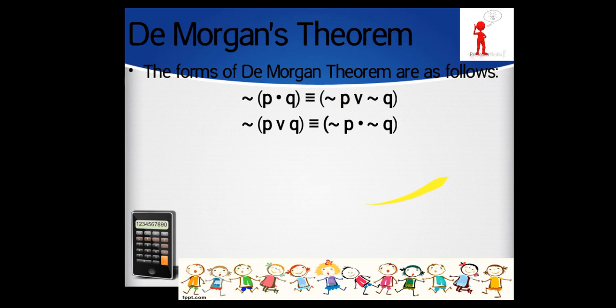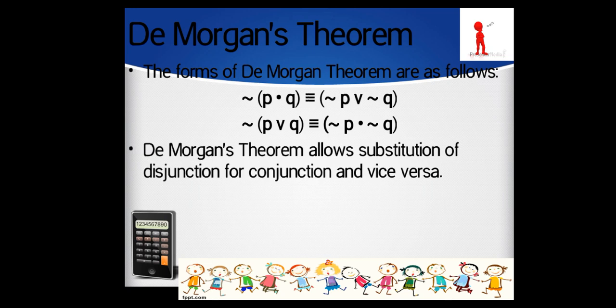If we look at this one, in mathematics, negative times positive is equal to negative. So that's it. De Morgan's theorem allows substitution of disjunction for conjunction and vice versa.